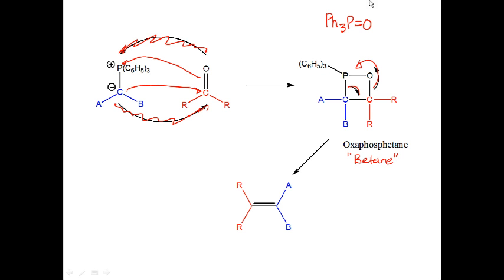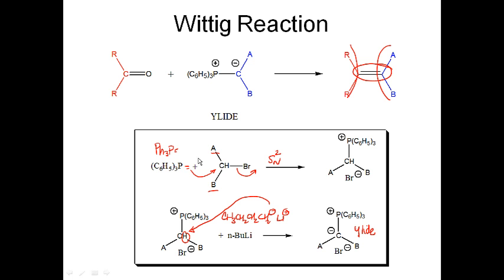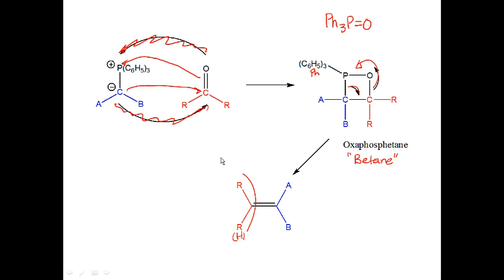This C6H5 is the Ph, the phenyl group. Then we form our carbon-carbon double bond. In essence, we've coupled the two groups from the ketone or aldehyde, because this could be an R or it could be an H, either one, with the two groups from the original alkyl halide that we used to make the ylide. So it forms a cyclic betaine, and then that betaine breaks apart to form the final product.